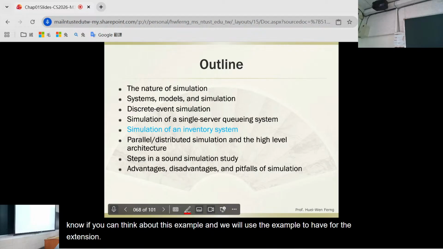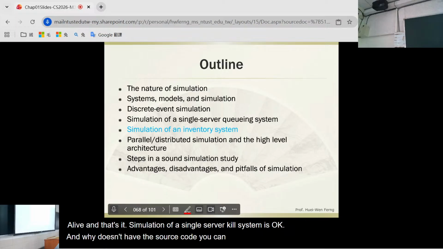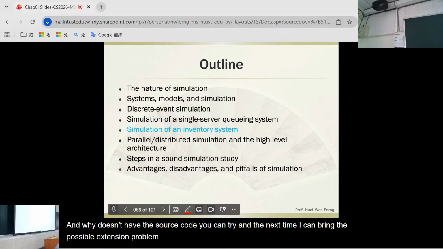Simulation of a single server queuing system is okay, and I already have the source code. You can try, and next time I can bring the possible extension problem to all of you to have some discussion.